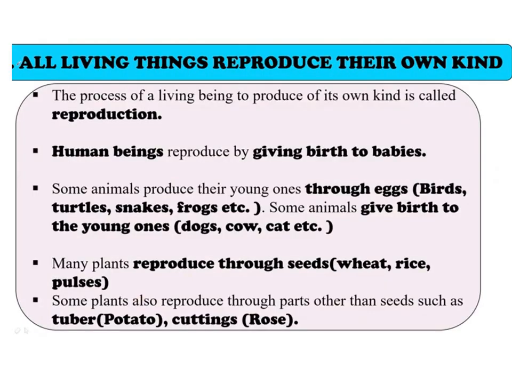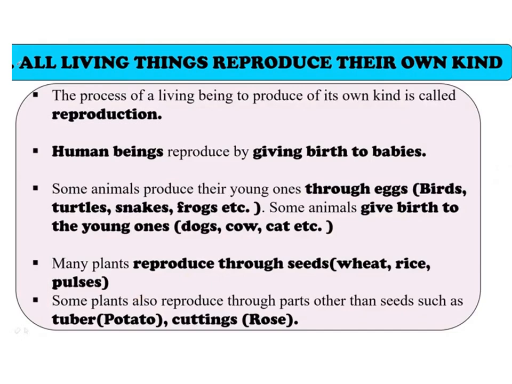Now the next feature: do all organisms reproduce their own kind? Yes, all living things reproduce their own kind. Have you ever seen the nest of some bird like pigeons? Many birds lay their eggs in the nest, and some of the eggs hatch and young birds come out of them. You can see in your book page number 90, figure 9.13.